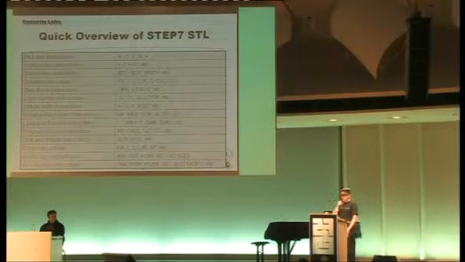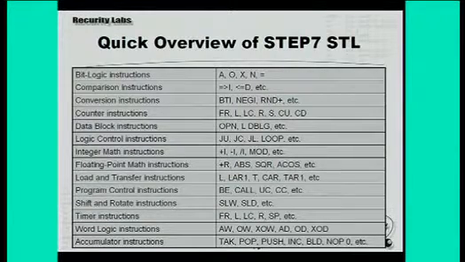So here's an overview of the STL, the assembly-like language in Step 7. What you see here, for example, among the bit logic instructions, is that the equal sign is an instruction. The same holds true for larger than and smaller than.